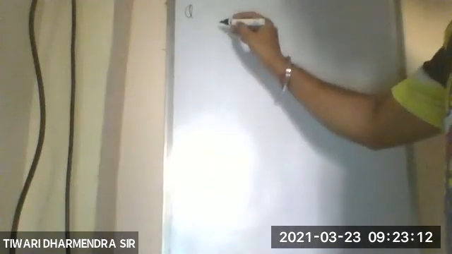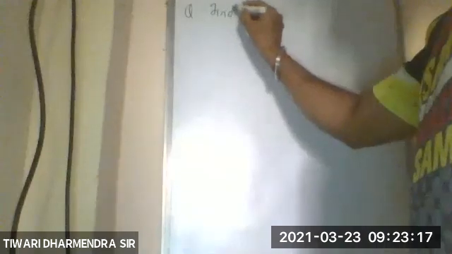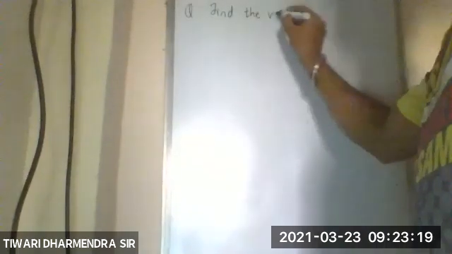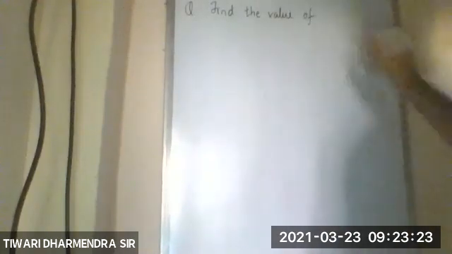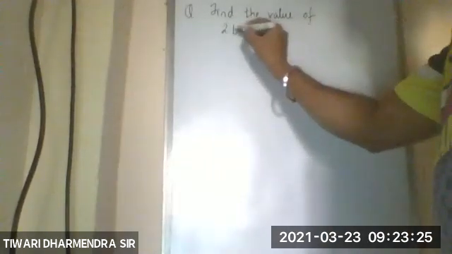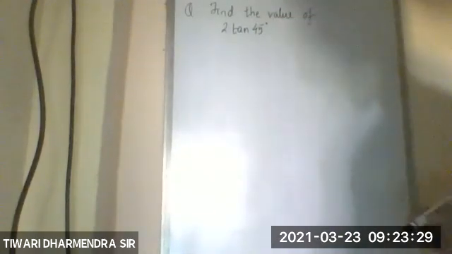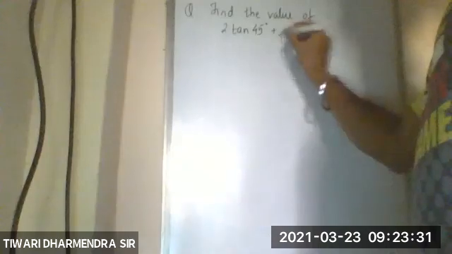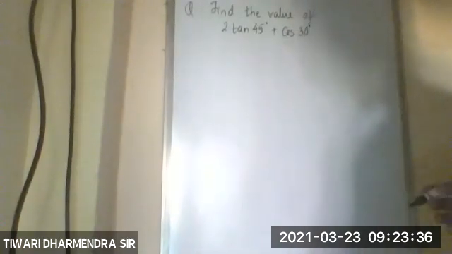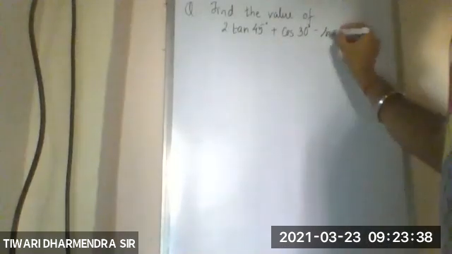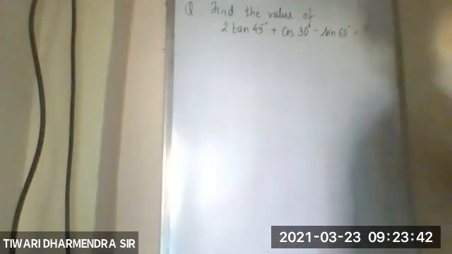Example 1: find the value of 2 tan 45 degree plus cos 30 degree minus sine 60 degree. We need to evaluate this value.